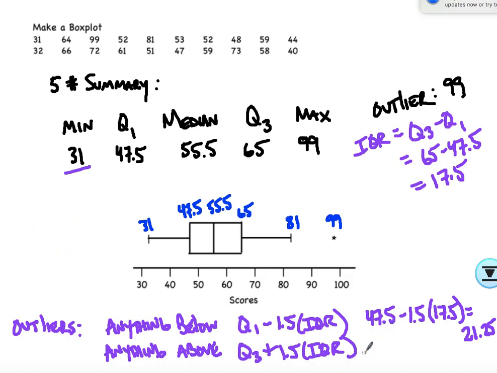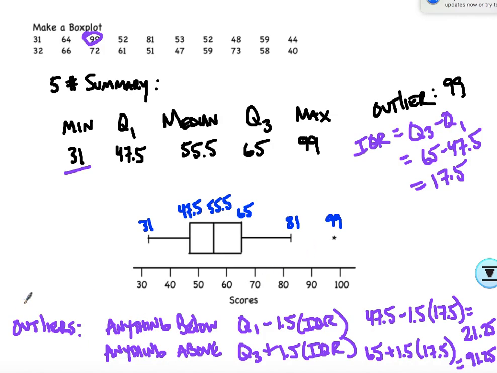Then doing the other one, Q3 is 65 plus 1.5 times our IQR of 17.5. If I put that in, I will get 91.25. So anything above 91.25 would be considered an outlier, and 99 is our only piece of data that's above 91.25.